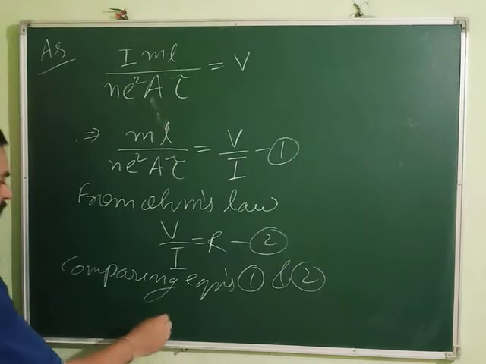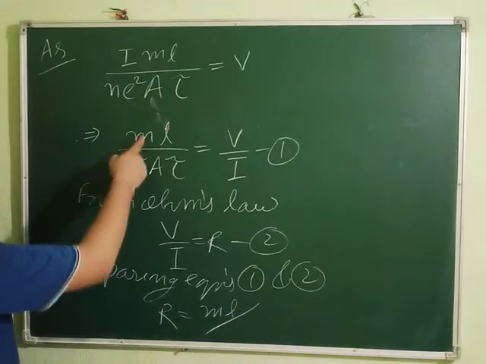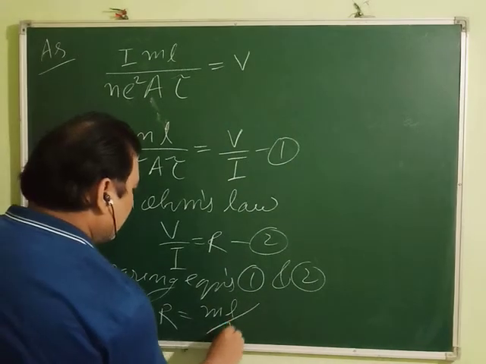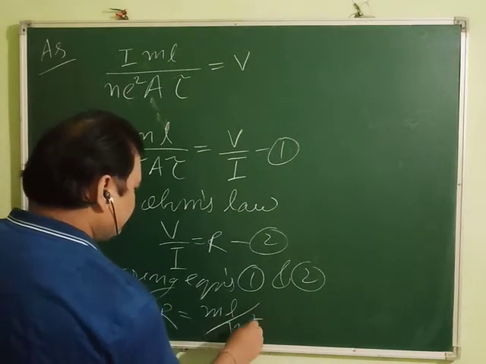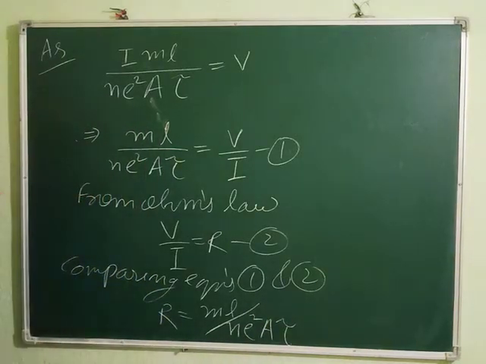Just check it. We get R is equal to ml upon n e square A tau. That is the expression for the resistance of a conductor.